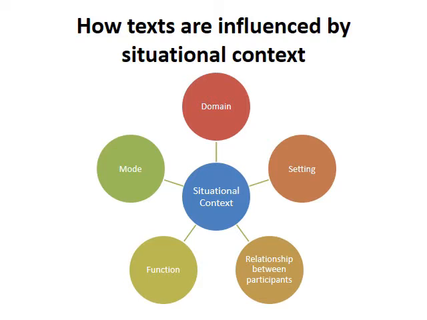So when looking at the situational context of a text, any given text, remember Dr. FMS. Domain, relationship between participants, function, mode, and setting. And sometimes I might change situation for setting because it's more than just the physical setting, it's the literal setting, as well as the bigger picture of why that text exists.